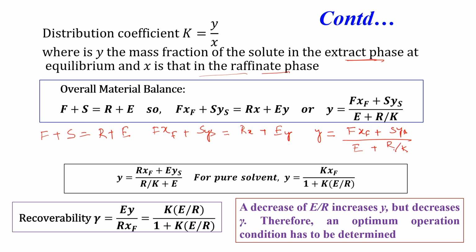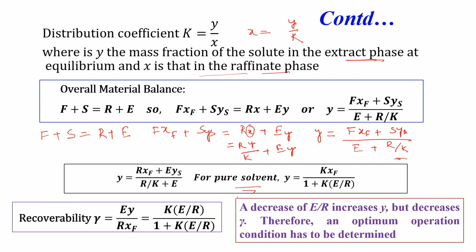So, how is it coming out to be? What we are doing is replacing X as Y upon K. So, this becomes R Y upon K and this becomes E Y. So, if you take Y common, we will have E plus R upon K.